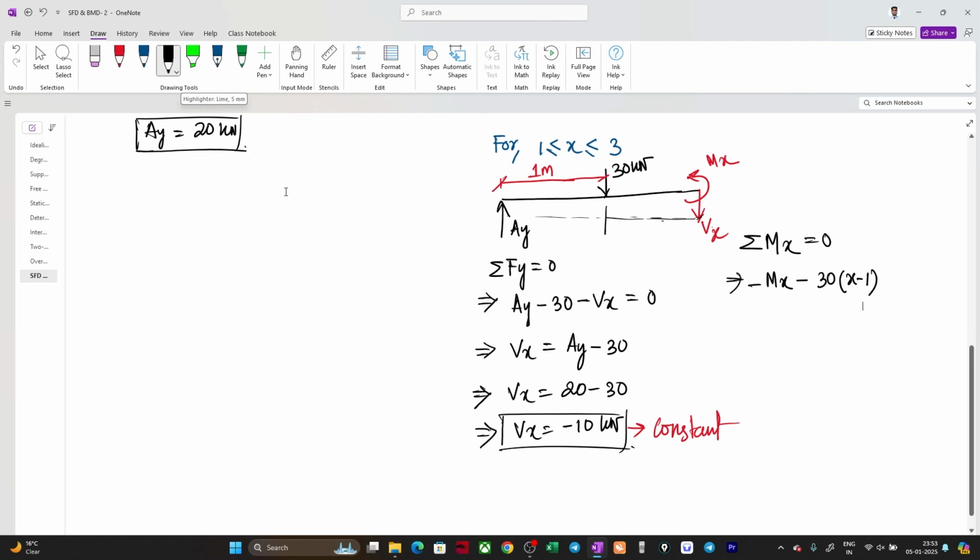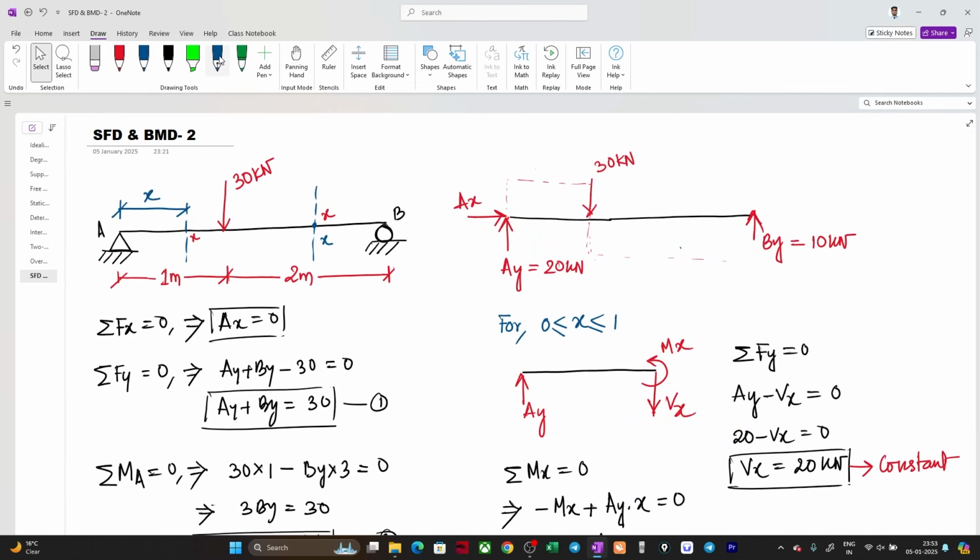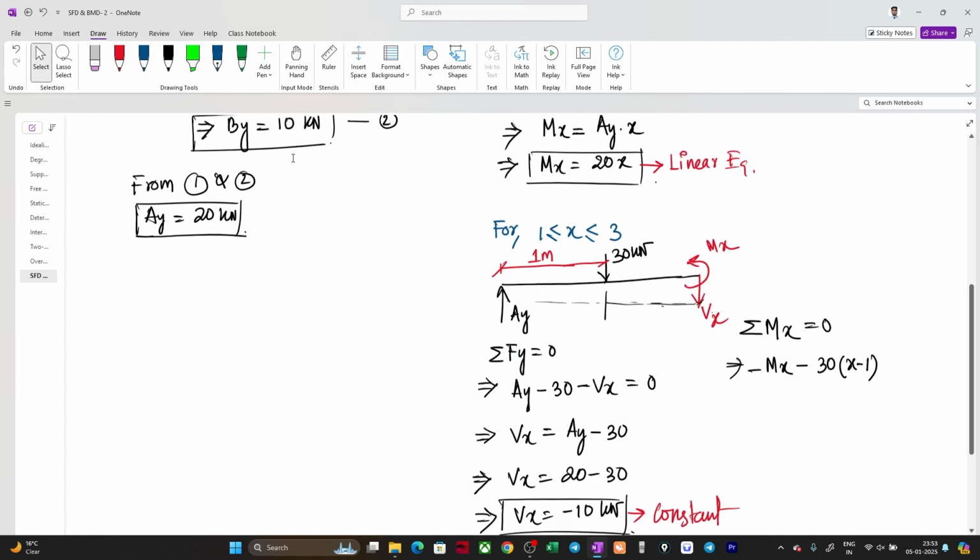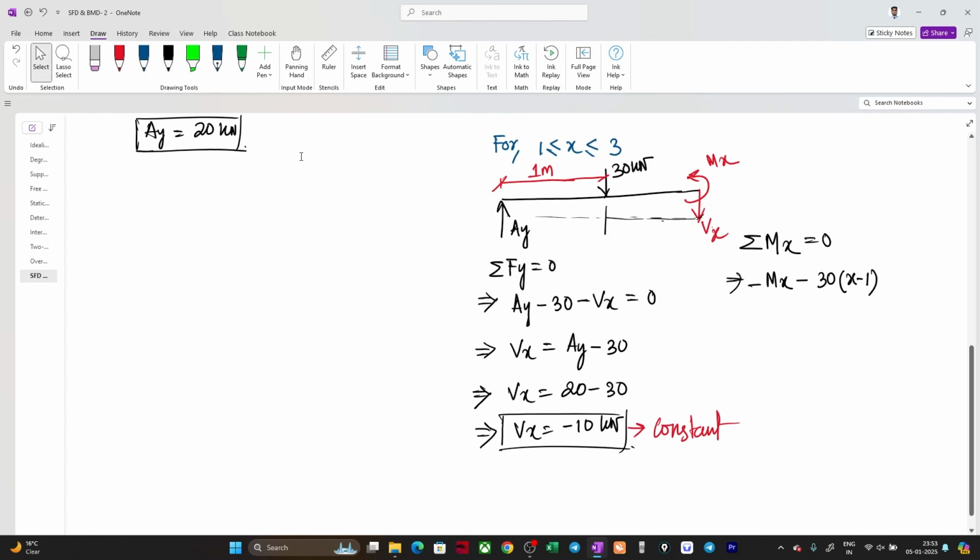And what we have drawn earlier was correct only. Here also this is x, for the second case, x from 1 to 3. So the equation we are getting is minus Mx minus 30 into (x minus 1), plus Ay, which will create a clockwise moment, so Ay into x, equal to 0.